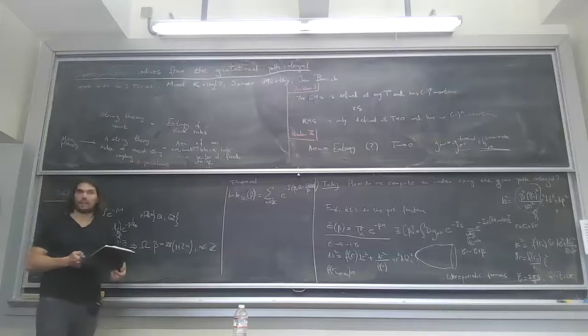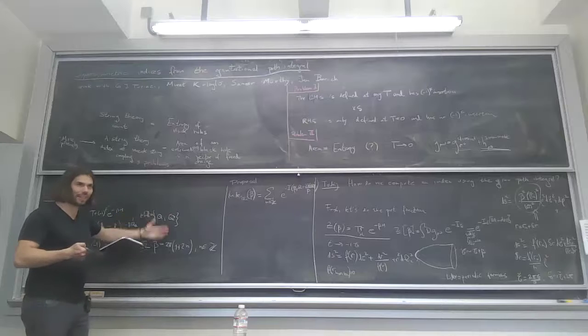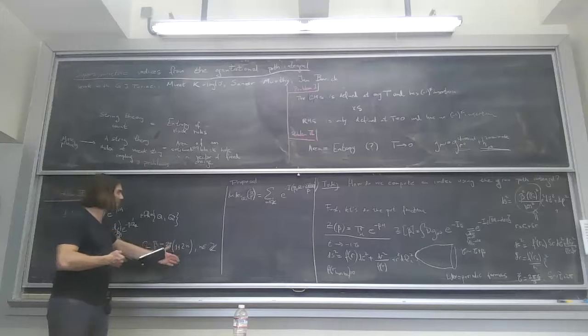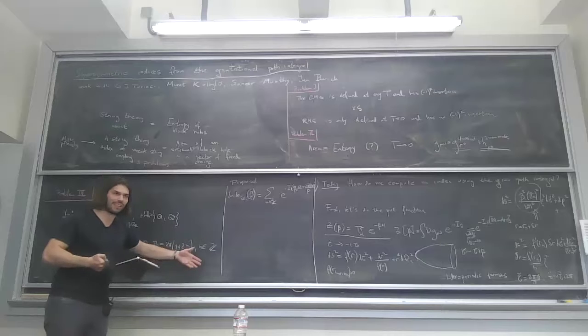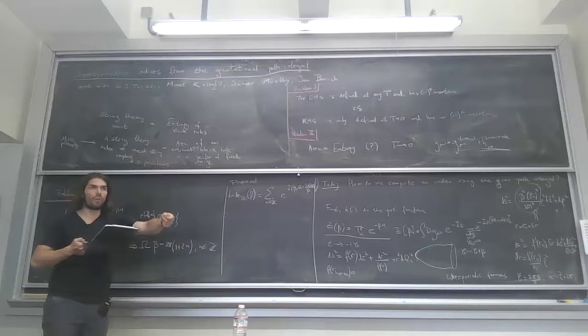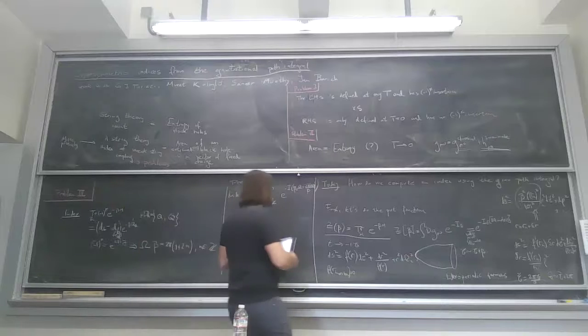Right? Because if J was truly quantized, this would guarantee that. This is essentially a way of deriving the fact that J is quantized by summing over all possible geometries that fill in the bulk. Good.